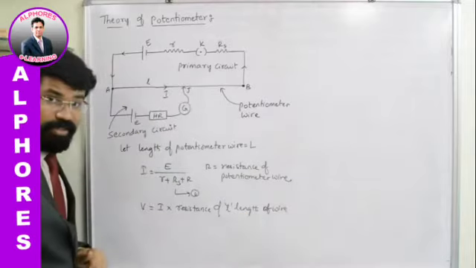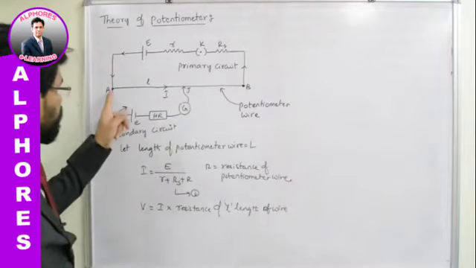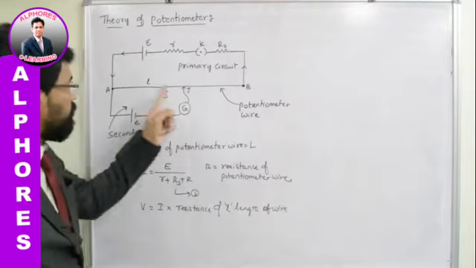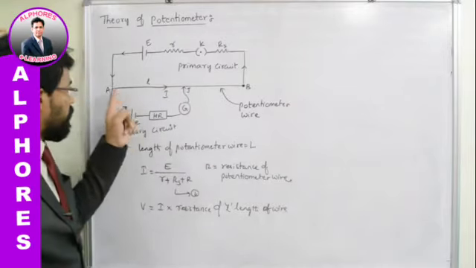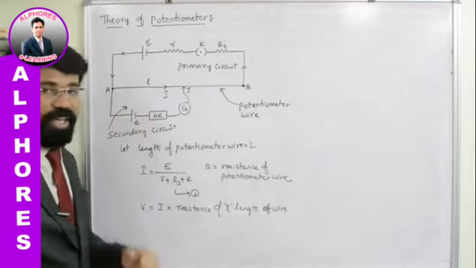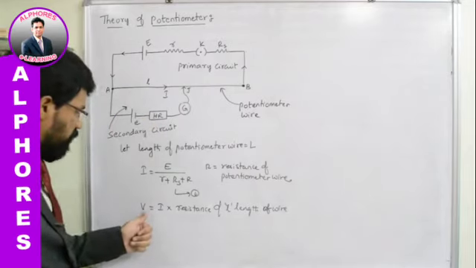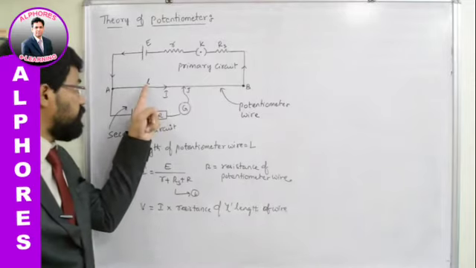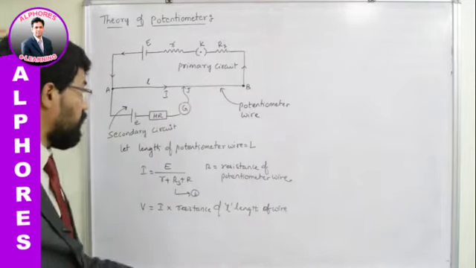V is equal to IR. My interest is I wanted to find out potential drop across this length small l. Total length of the potentiometer wire is capital L. I wanted to find out potential drop across this small length l. So how it can be calculated? V is equal to current multiplied with resistance of this length of wire, small l length of wire.